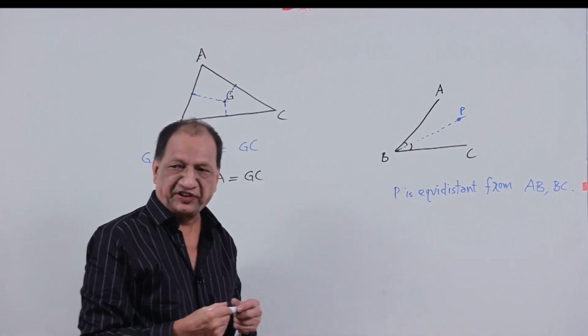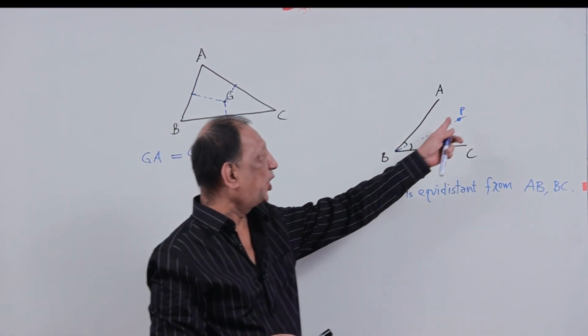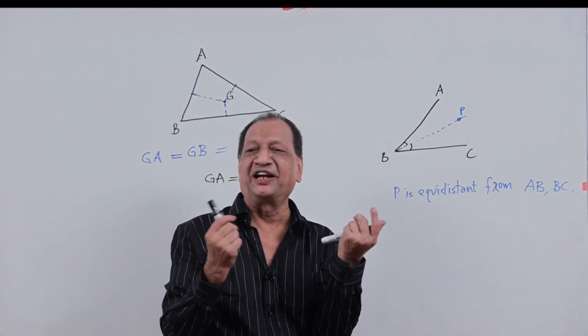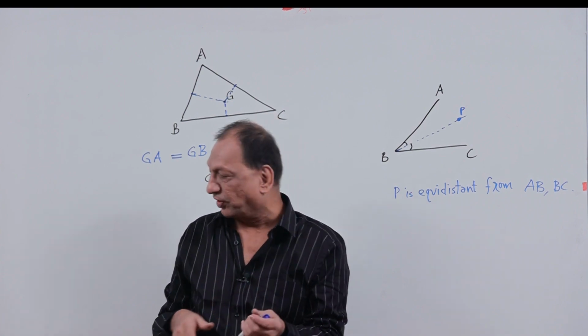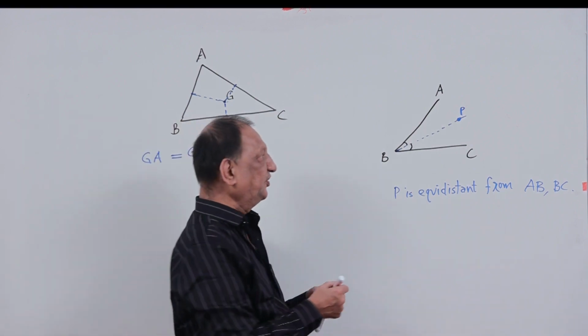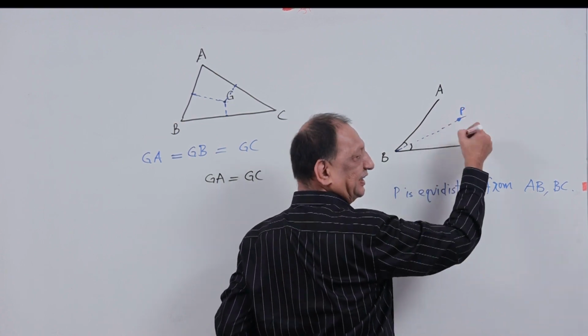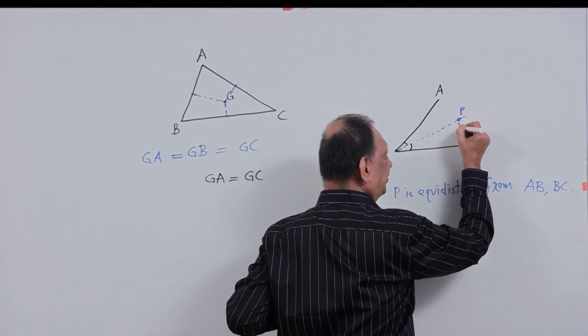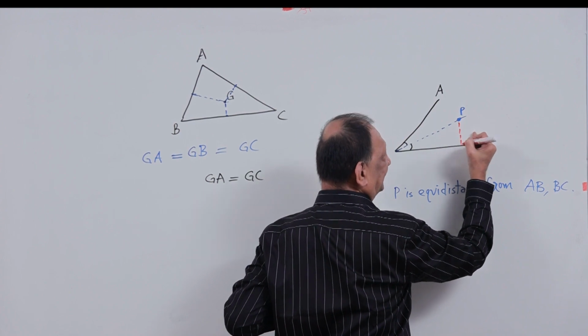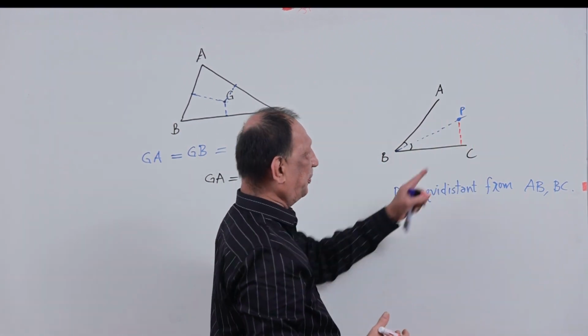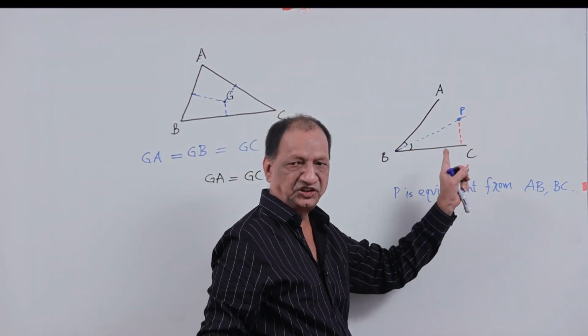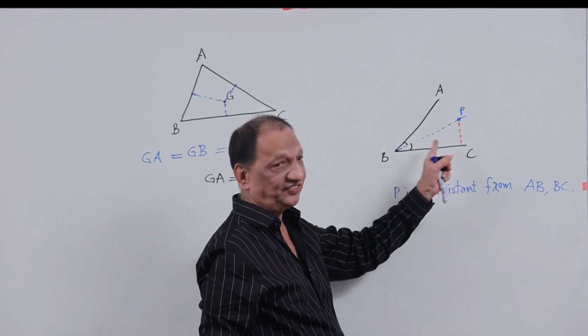Now, what is equidistant from a line? What is the distance of a point from a line? Is the perpendicular distance. That is the least distance. No? That's what we call distance. Distance from BC to P, I can have a line, I can draw anywhere. No? But we are actually talking of the perpendicular distance. That is called the distance. From a point to a line, distance is perpendicular distance.